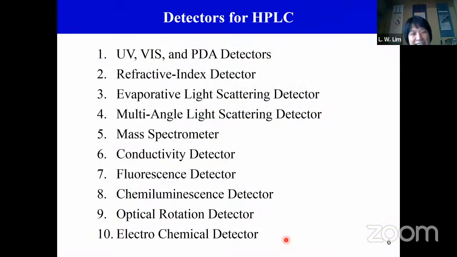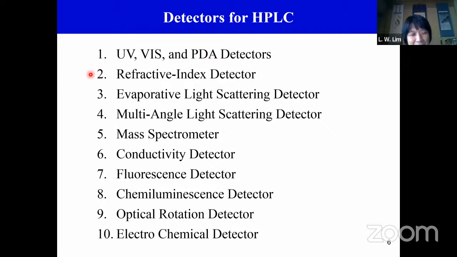Anyway, if you Google, and I think most of you are very good at using Google or the internet, there are so many different detectors for HPLC. The common one, which you usually see in abbreviations or short forms, is UV, UV-vis, or PDA detectors.